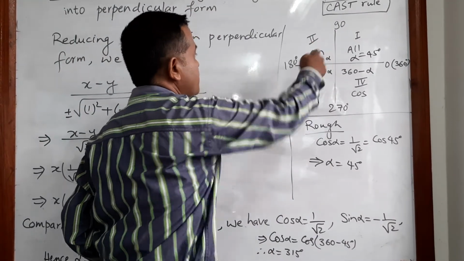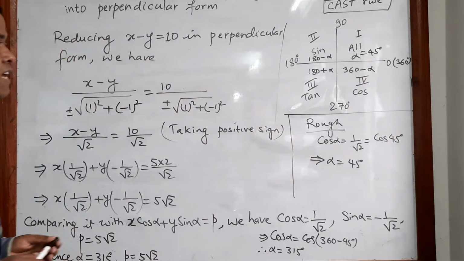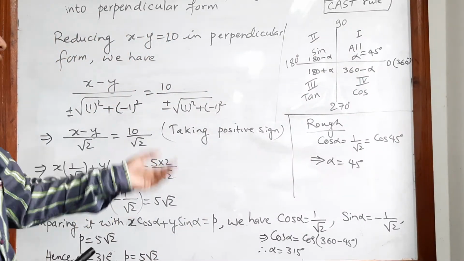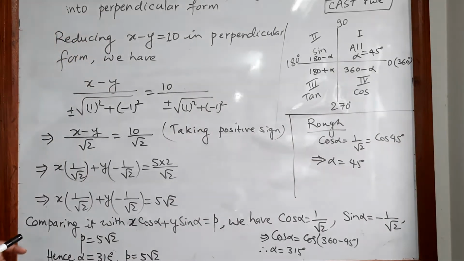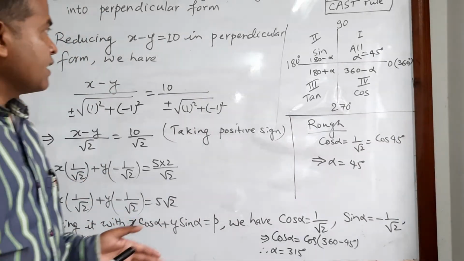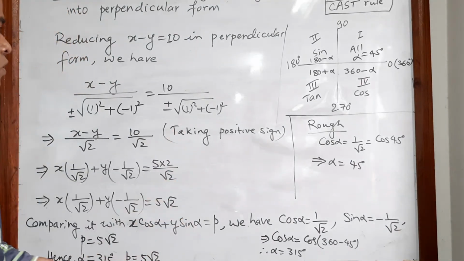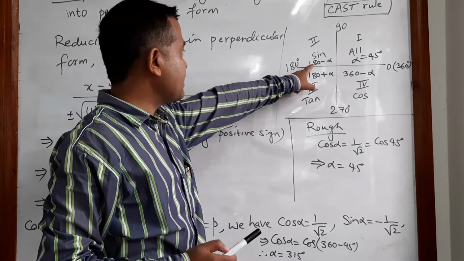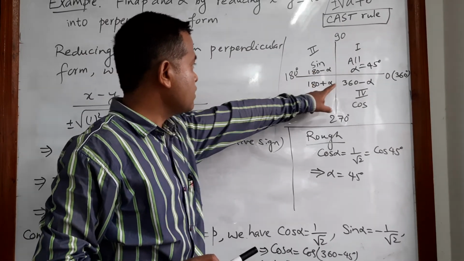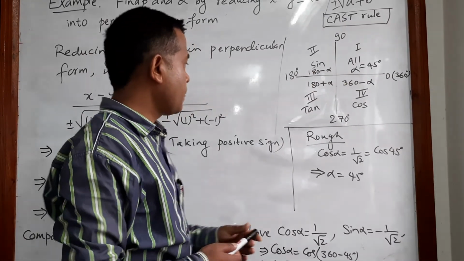Why not 90 plus alpha here? Because 90 changes the trigonometrical ratio. If the multiple of 90 is odd, then its trigonometrical ratio will be changed. So only even multiples of 90 are taken, such as 90 times 2 and 90 times 4.